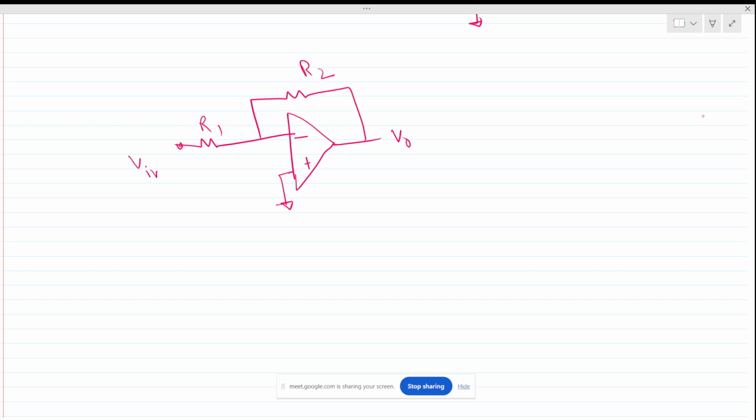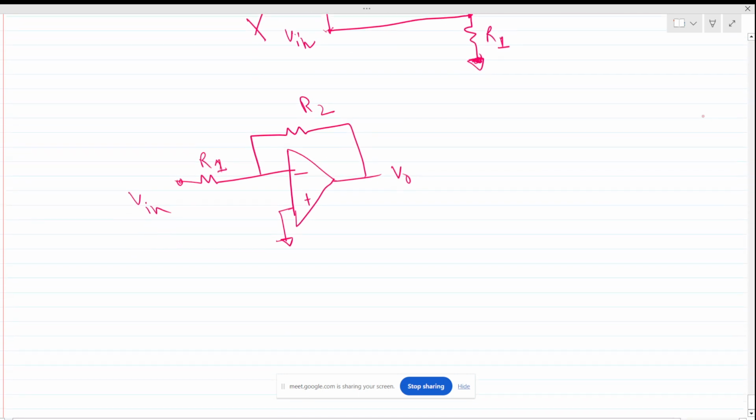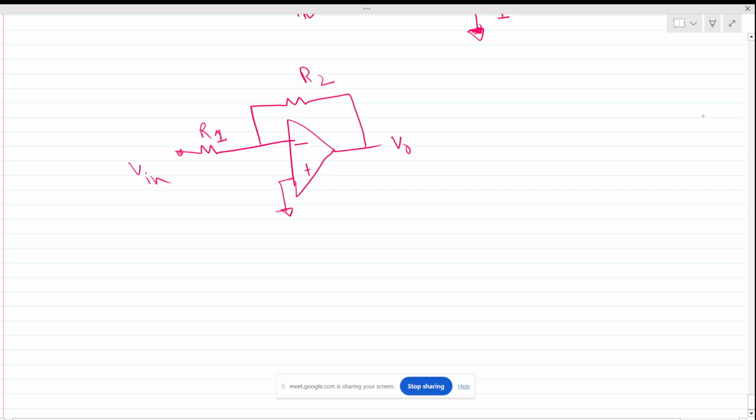Previously the V in was at this terminal, but actually it should be at this terminal, the input. Now if A is infinite, the ideal case, what should be the gain? We can see that this node will also be grounded, right?